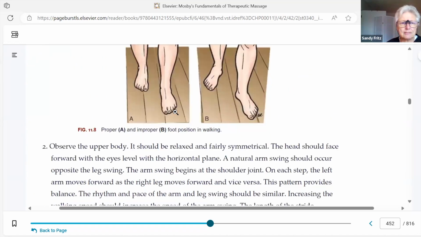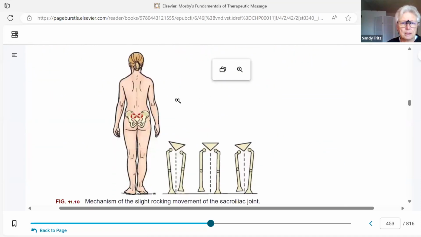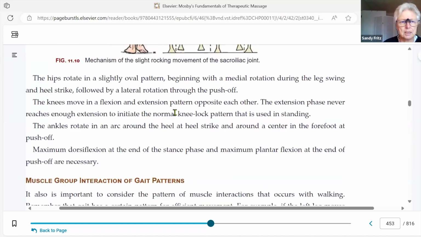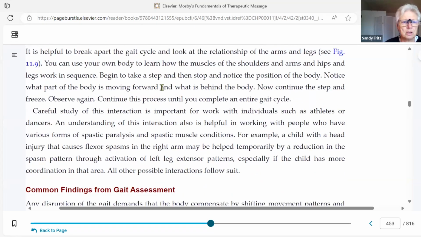And here's your assessment. And then an example or an explanation of this little figure-8 movement that happens at the sacroiliac joint. And then muscle group interactions. Again, nothing ever happens in isolation.